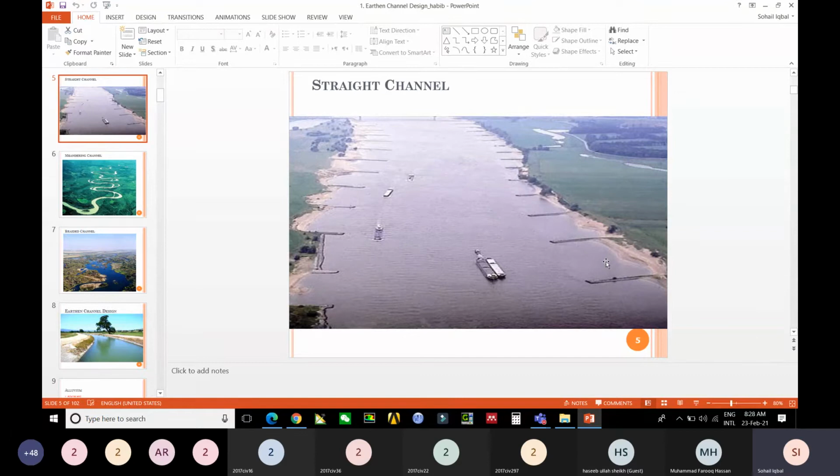Because here also water moves, changes the distance from this point to this point, and takes particles away from this location. So why are you not saying erosion?